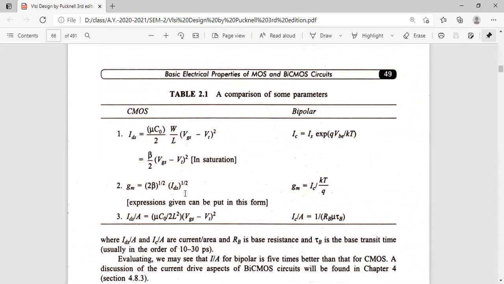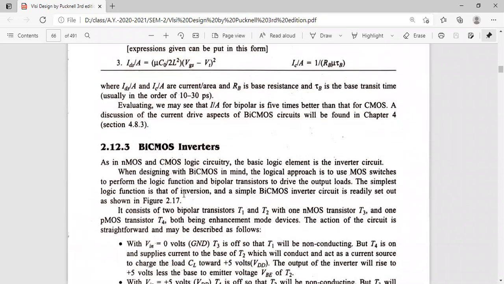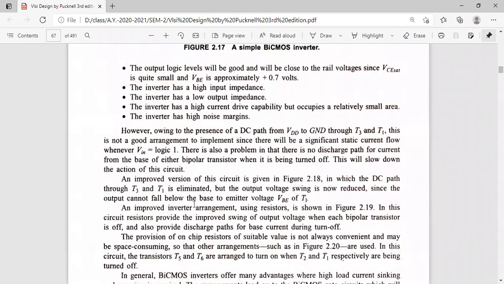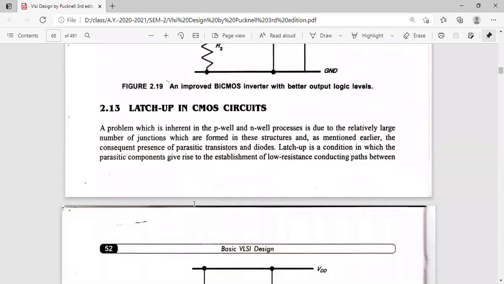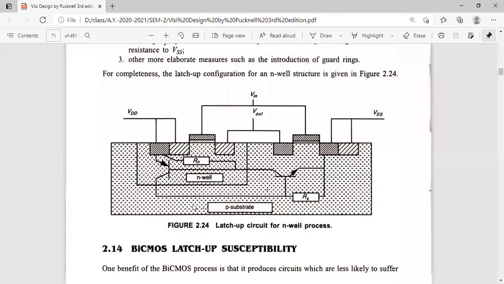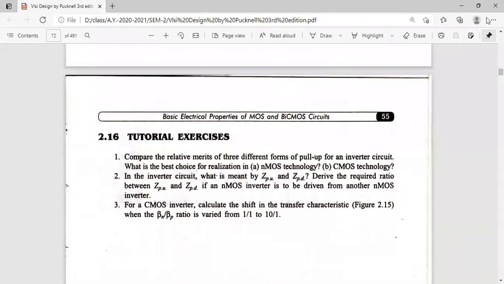Current by area, IC by A, means IDS by A is also the current by area. We just have to remember those equations and write them down, right? These things we have discussed in the previous class. That's all. So that's all regarding the first unit.